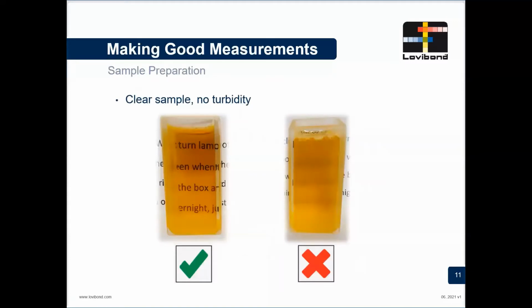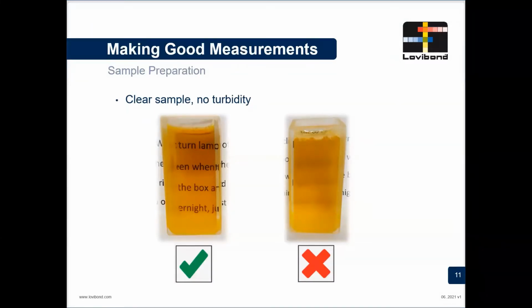But also we now need to look at our sample preparation. And this is especially true with electronic instruments. They don't see what we see with the eye. They can't average out effects that the eye can.